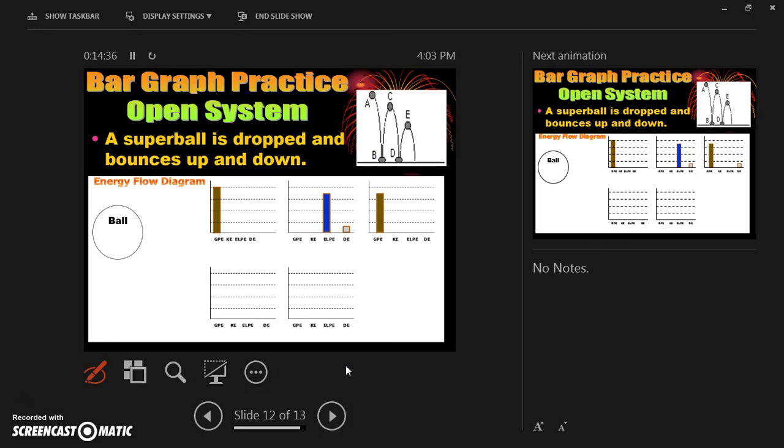C, lower height, and dissipated is still the same. D, another impact, so the energy gets stored within the ball due to the compressing of the bouncy ball, and dissipated a little bit more. And finally, letter E, now it's back up to a height, but it could not achieve the highest height of letter A because some of the energy has left or dissipated.